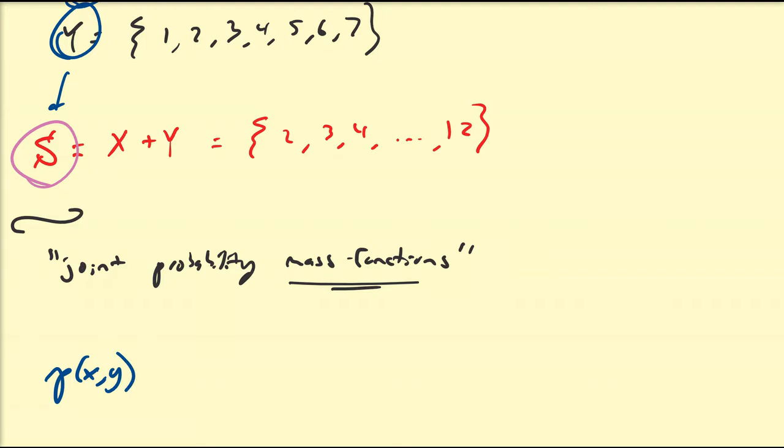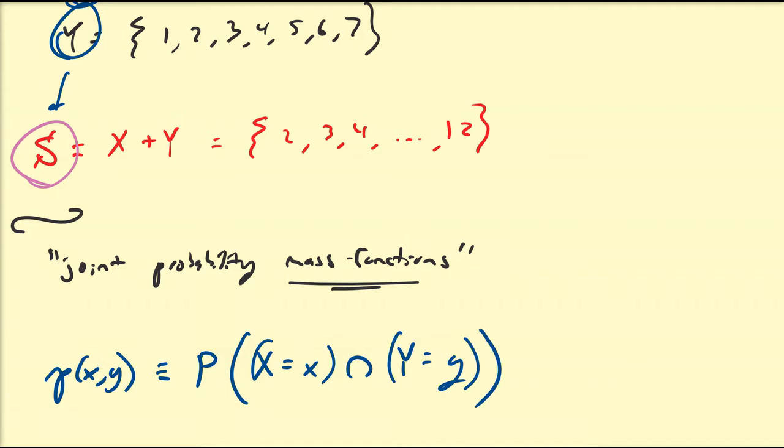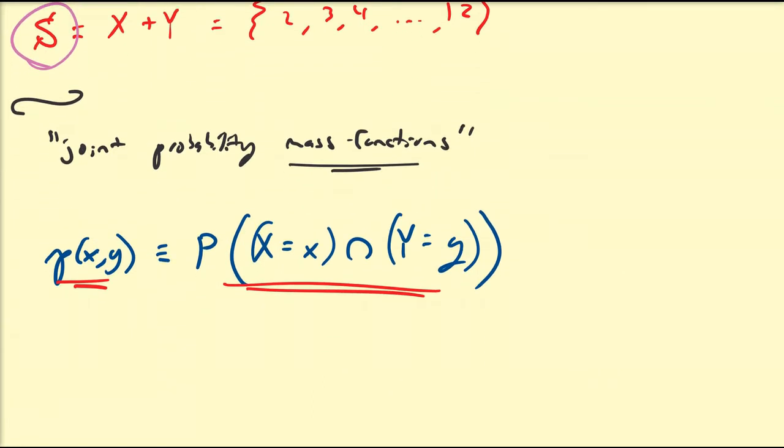So it's a function of 2, and it could be more variables, of course. So this expression is equivalent to the simple probability that random variable X is equal to x and the random variable Y is equal to y. So this is the equivalent statement in terms of simple probabilities of this joint probability mass function.